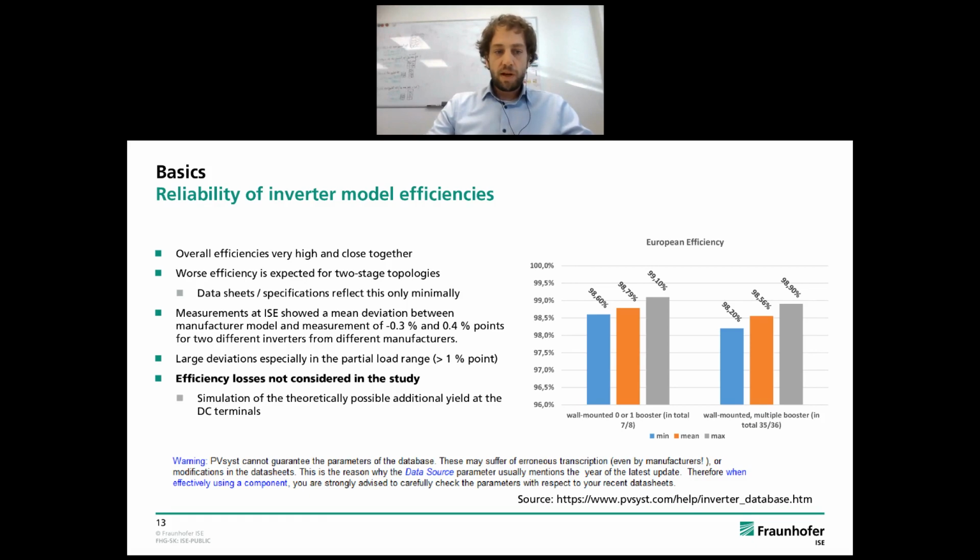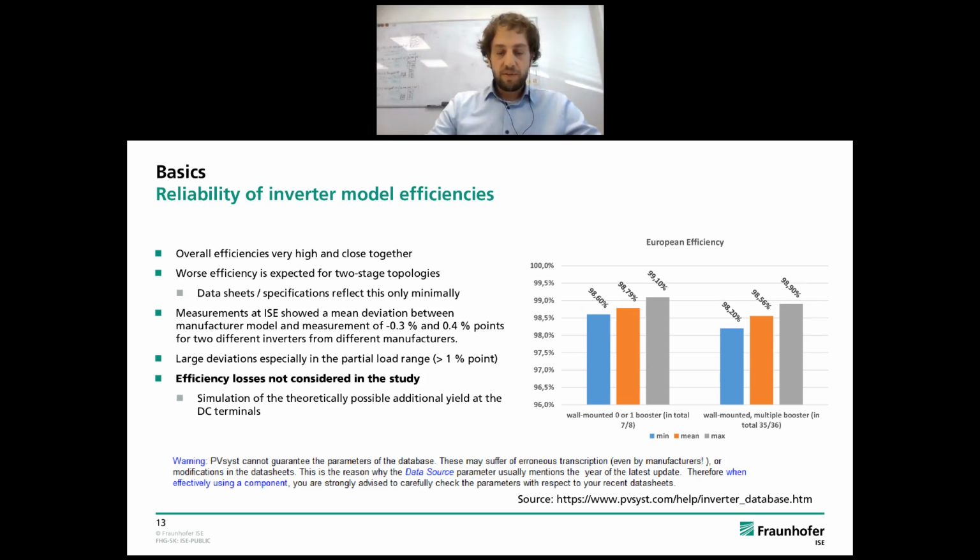So we are always only talking about the theoretical possible additional yield at the DC terminals. The reason for that is that on the one side, the efficiencies of commercial inverters are quite close together. That's one reason. You see that here in the graph that on the left side, for the single MPPT inverters, the worst device compared with the best device, the difference is only 0.5%.